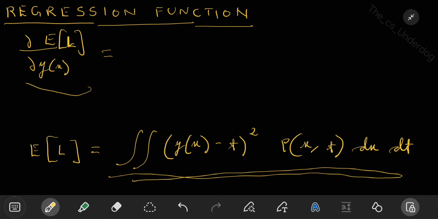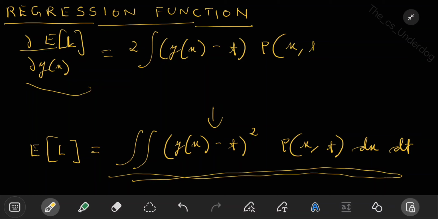So I am directly writing it here. This will become integral of, let me take that 2 outside, 2 times y of x minus t, right? That square term is lost now because you took the derivative, into p of x, t dt. This is what remains, right?